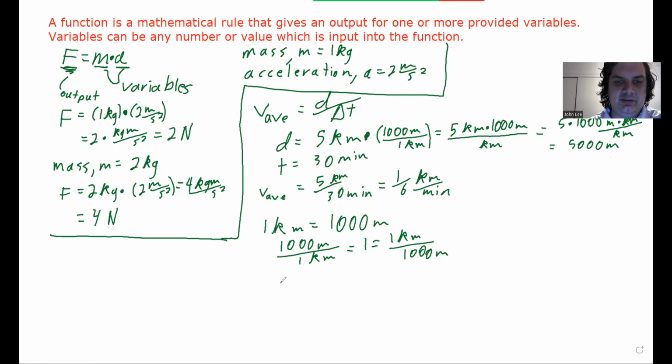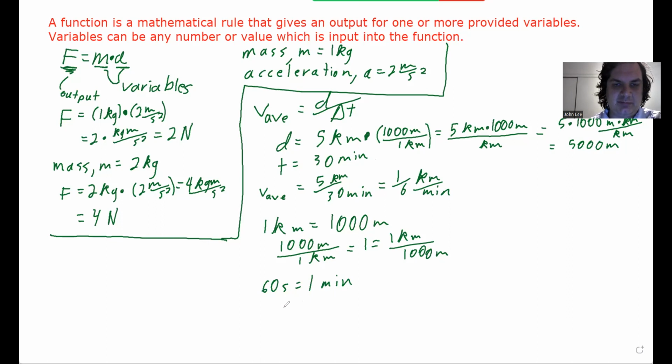And then for t equals 30 minutes, I'm just going to give you the fact that 1,800 seconds equals... no, never mind. I don't even need to do that. Sorry. 60 seconds is equal to 1 minute.